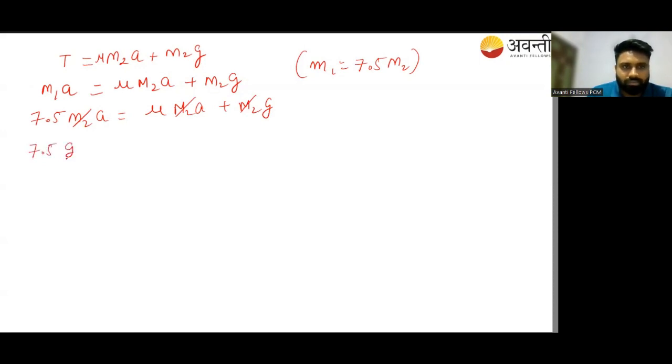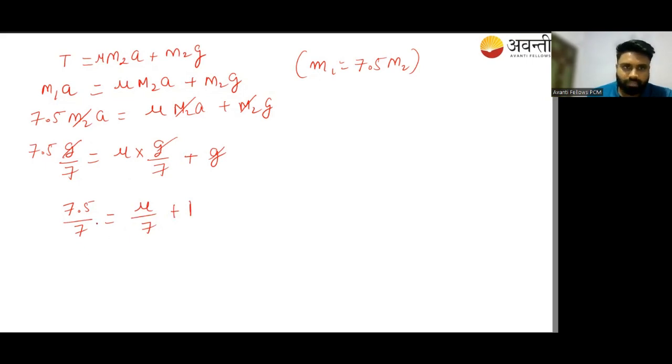So it is g/7 times 7.5 equals mu times g/7 plus g. g and g will also cancel out. So you have 7.5 divided by 7 equals mu/7 plus 1.